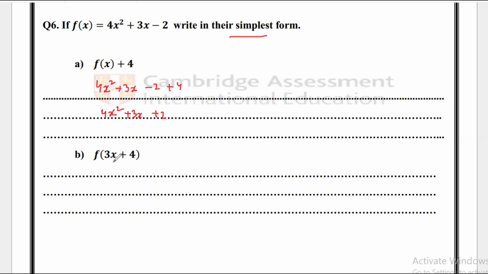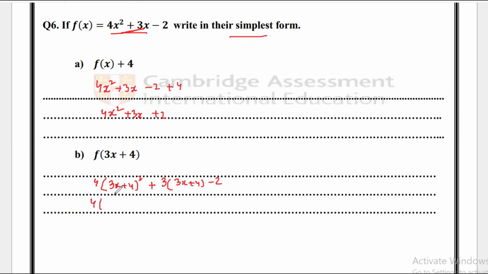And then we check part B as well. Here we have to replace 3x plus 4 in the above function f, and that is basically 4. In place of x, I would say 4 times 3x plus 4 whole squared, plus 3 times 3x plus 4, and then minus 2. We can expand as well.